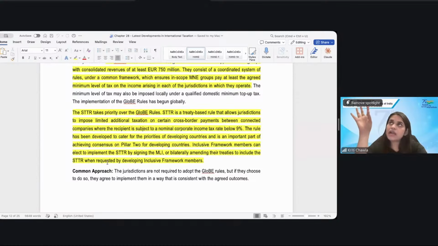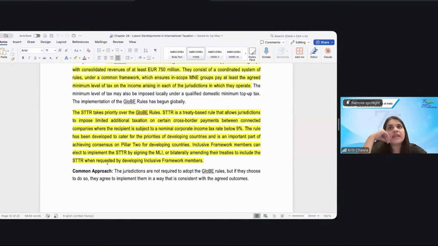So if you have a very nominal corporate income tax, below 9%, there could be STTR right there. If you look at a rule like STTR, it has been developed to cater to the priorities of developing nations, and it's an important part of achieving consensus on the two-pillar solution, especially pillar two.